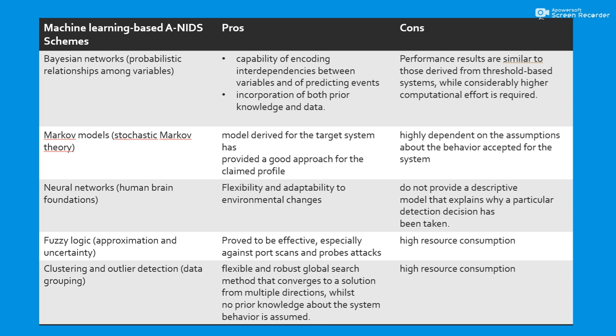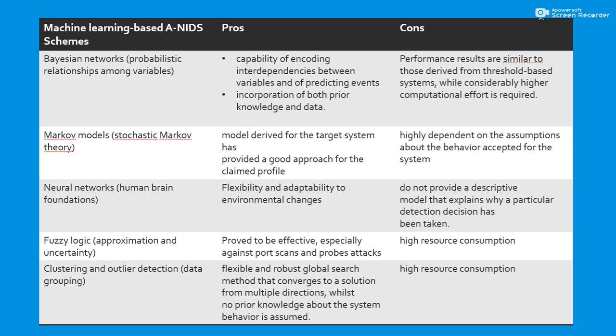Okay, then comes the Markov model, which is also a probabilistic approach. The Markov model is a stochastic model which is used to model randomly changing systems, and the Markov model assumes that future states depend only on the current state and not on the events that occurred before it.